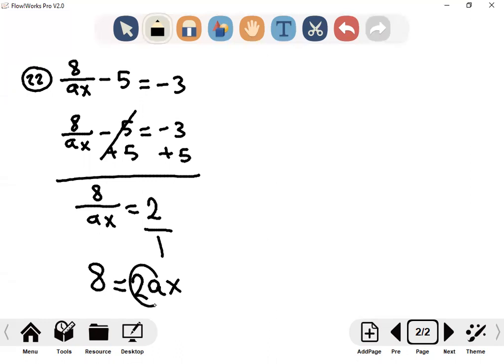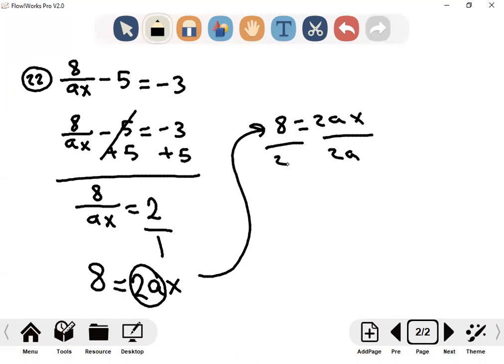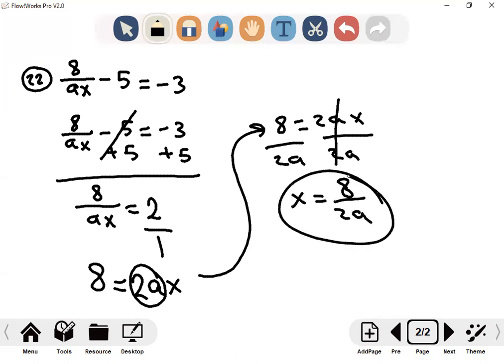So I need to get rid of the 2a. How do I get rid of 2a? I will divide both sides by 2a. So 8 equals 2ax. Divide both sides by 2a, so x will be 8 over 2a. If you divide by 2 alone, a is still with x. If you divide by a alone, 2 is still with x.